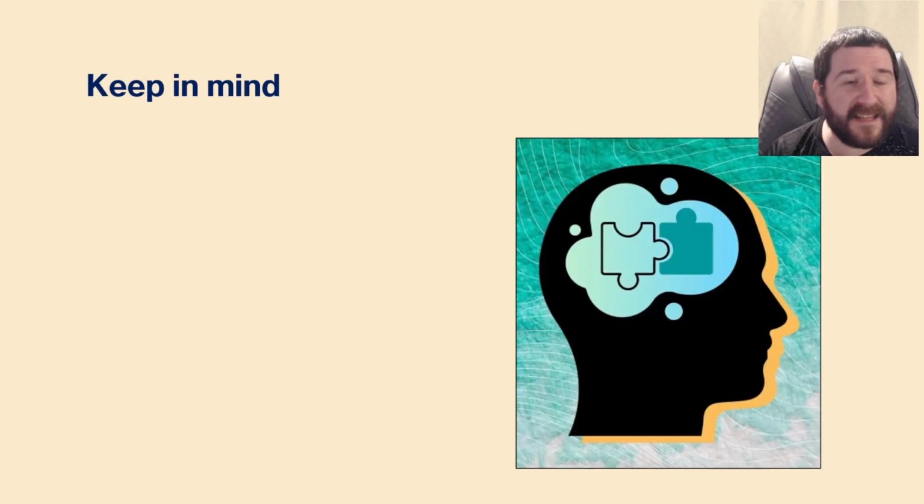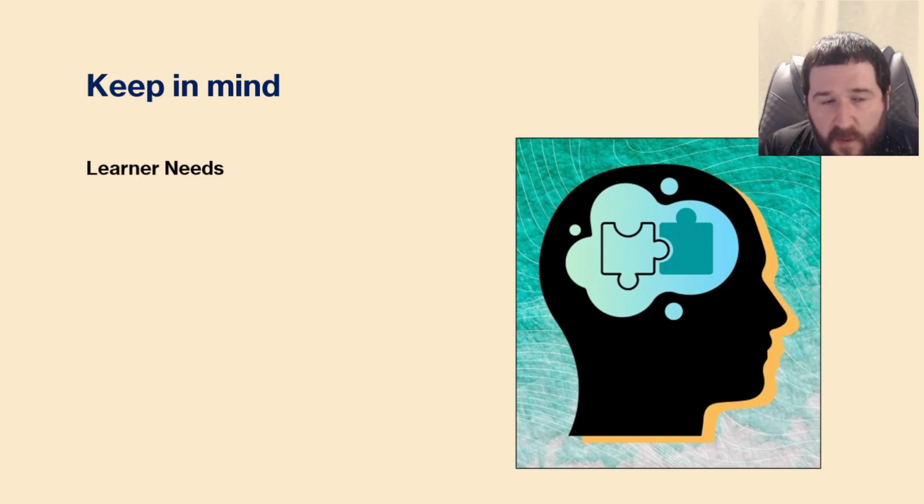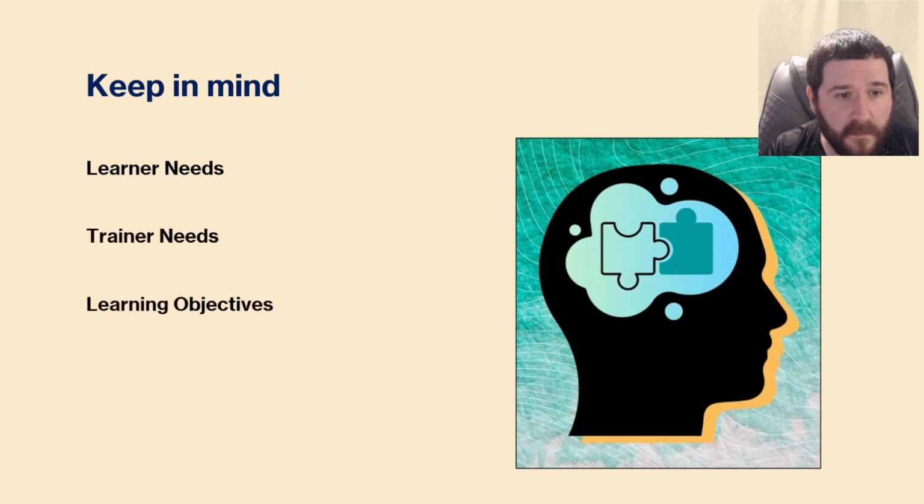Now, some ideas to keep in mind when we're developing our written materials. These are things we talked a little bit about throughout the course, but they definitely apply when we go to develop our materials. You want to always keep in mind the needs of your learners, the needs of your trainers, any learning objectives you're trying to meet. All of our content we create should come with these three things first.